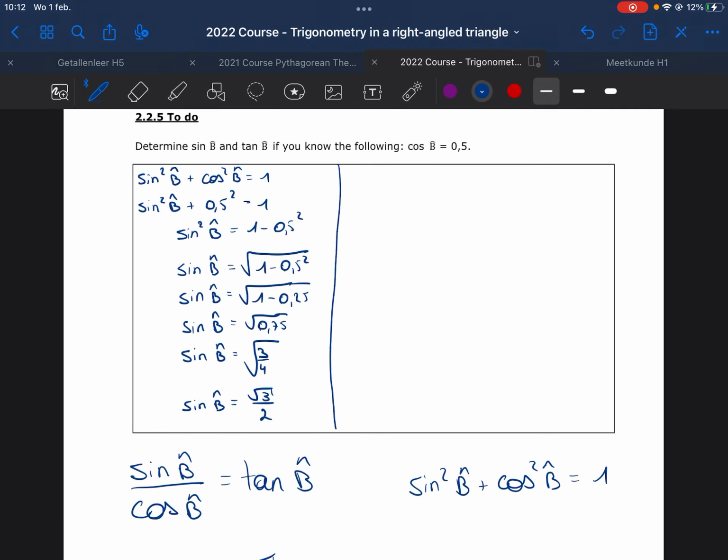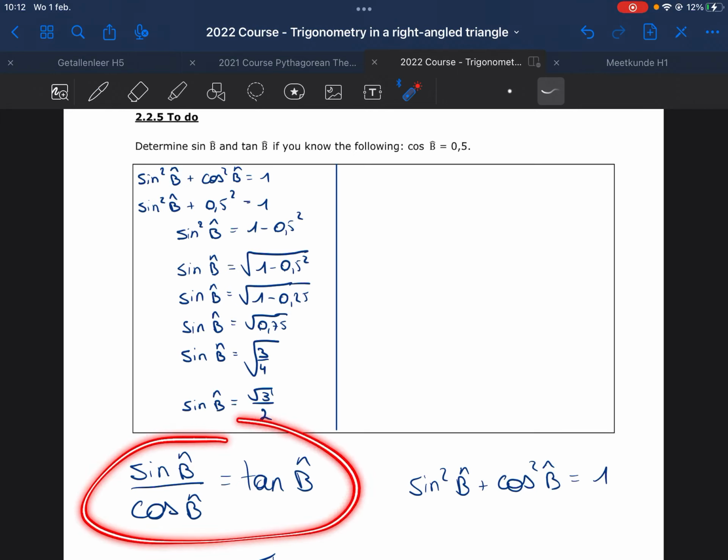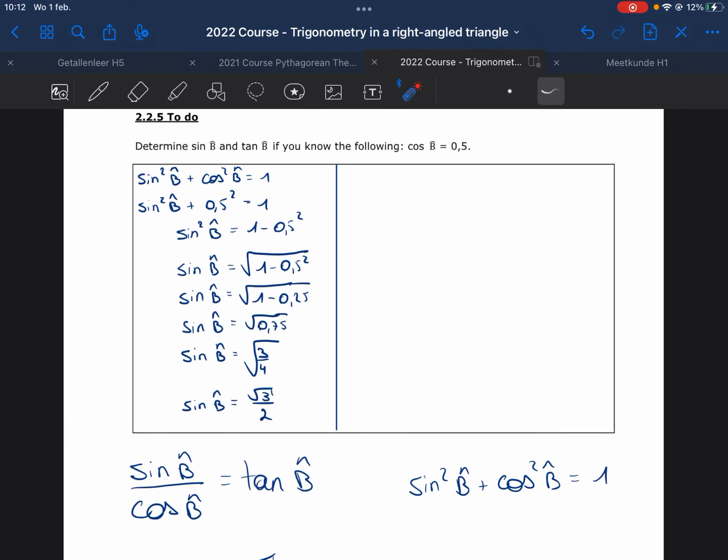Now, let's determine the tangent using this other formula. So the sine over the cosine should be the tangent of B. Well, we know the sine and the cosine, so let's just replace these values with the values that we were given and found.